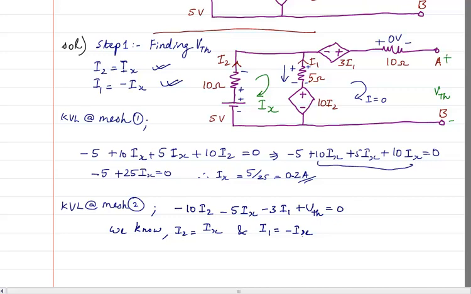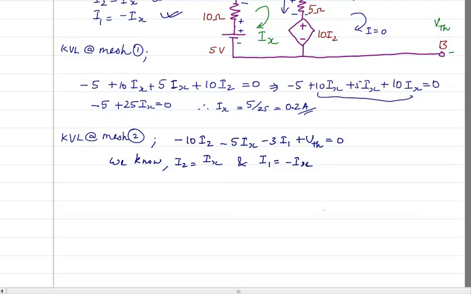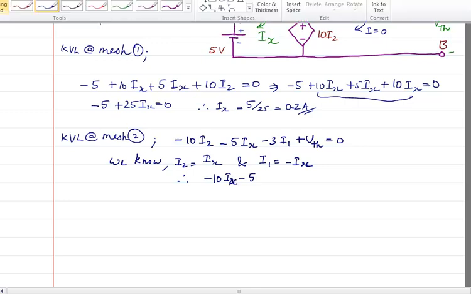Okay, therefore I can very clearly say that it is minus 10 I2, minus 5, not I2, I should write Ix. Let me write it properly.